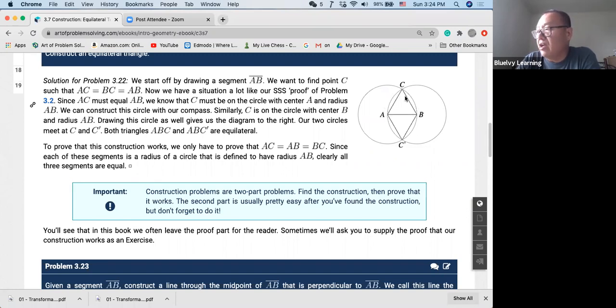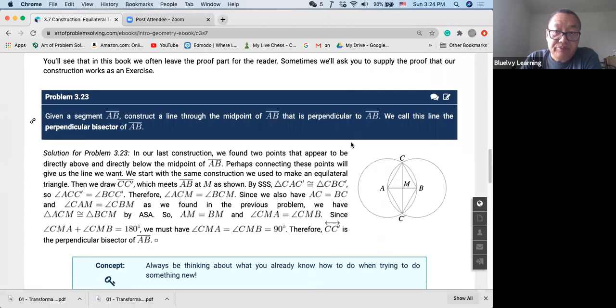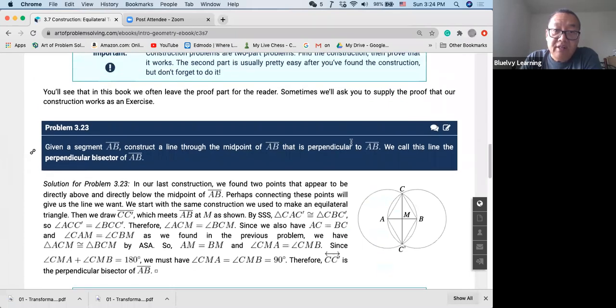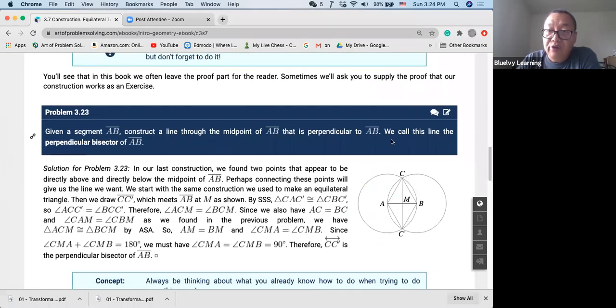You can try to construct it, right? You also got ABC prime. This is another equilateral triangle, okay? Now, actually, we finished this problem. Next one, they ask you to draw a perpendicular line of BC.